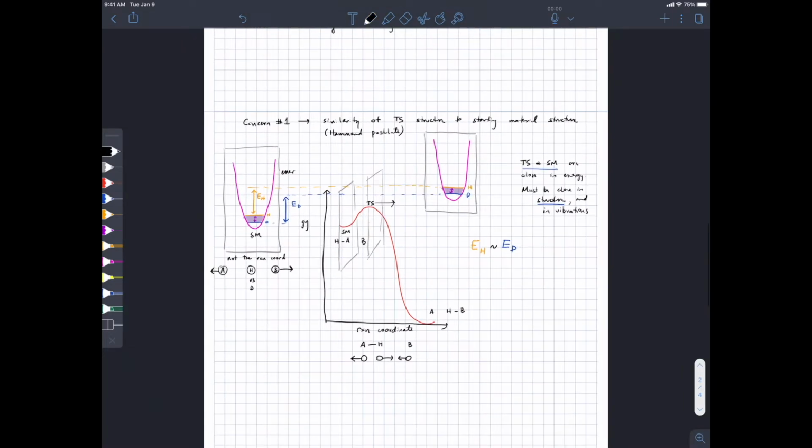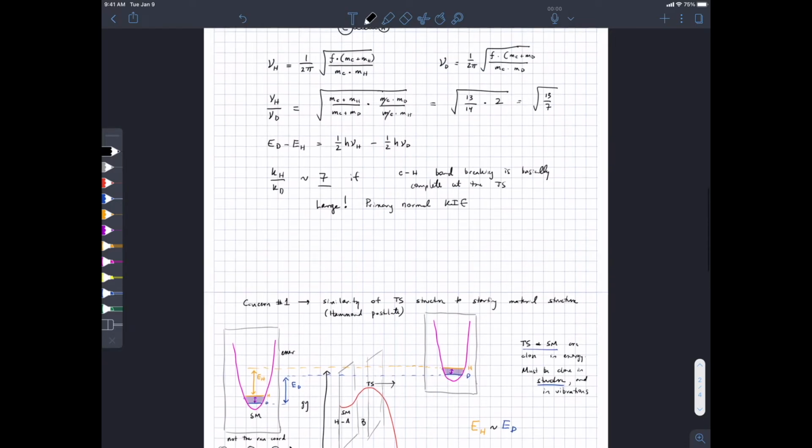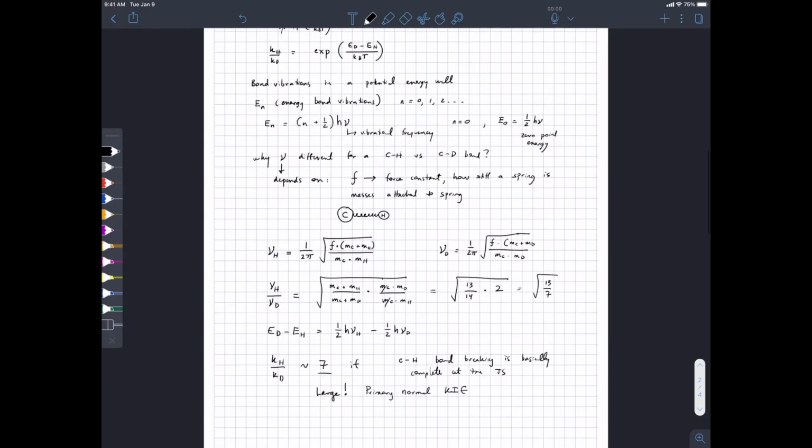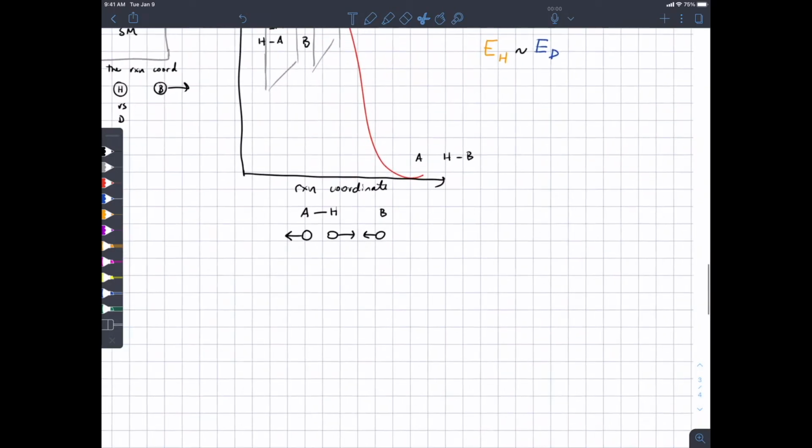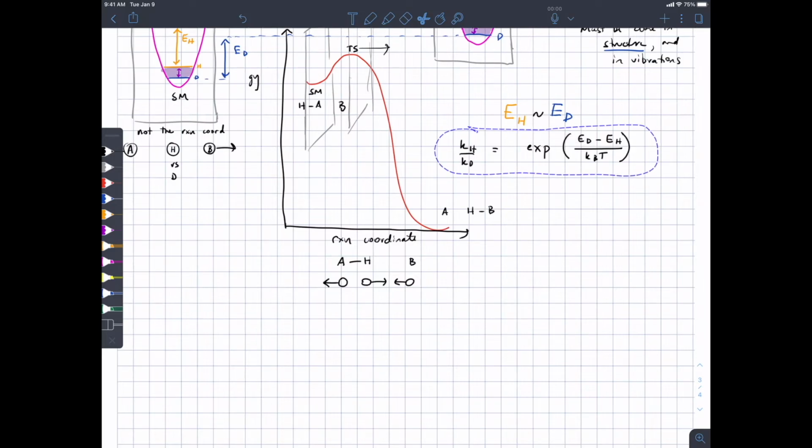Now go back to what we concluded from above. The kinetic isotope effect depends on the difference between those activation energies.